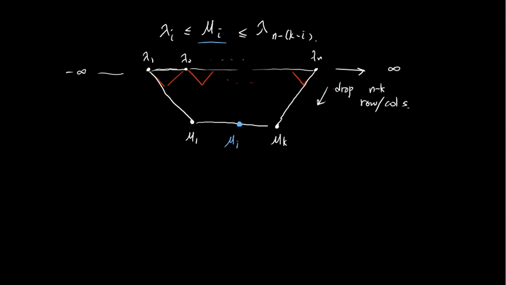Try to make the same shape and move that to the top. So it will move to the top left, top left, top left, and then reach this eigenvalue. It is not hard to see that because here is 1 and i, then here is 1 and i. So the top one is lambda i. So we get the inequality mu i is greater than or equal to lambda i.